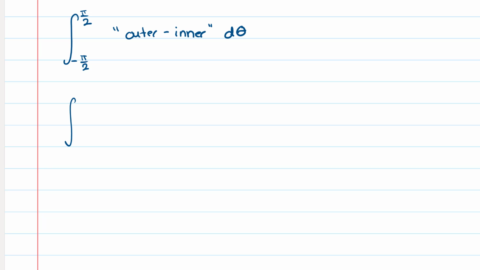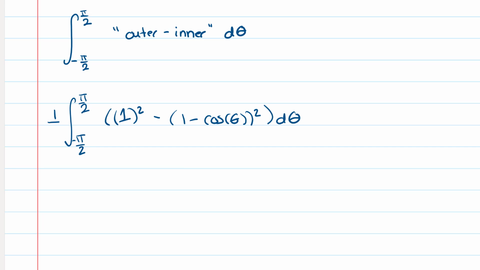So we set up our integral from negative pi over 2 to pi over 2, and then it's going to be 1 squared, because that's the circle, minus 1 minus cosine of theta squared d theta, and don't forget to put the 1/2.